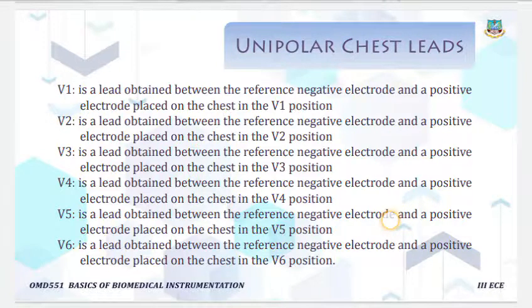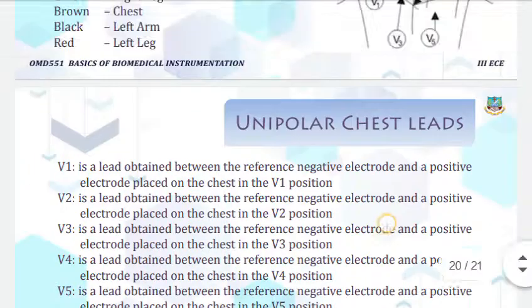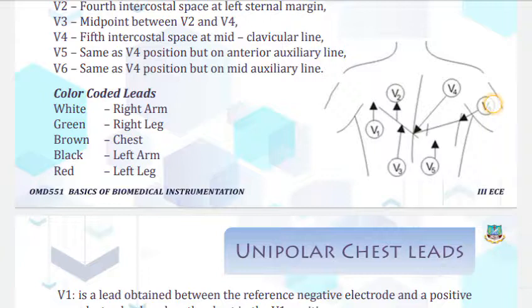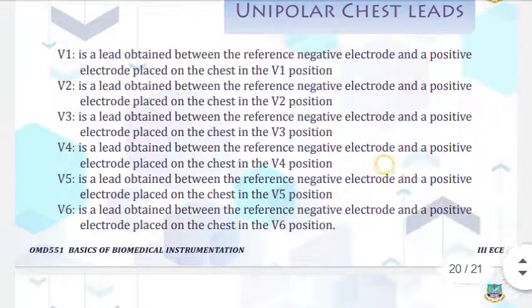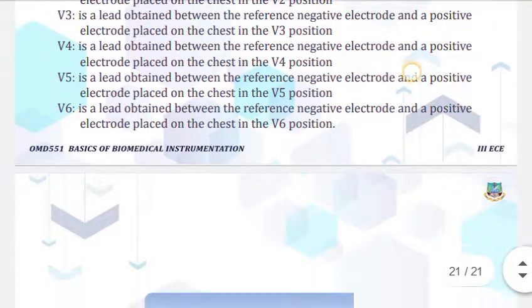V2 is a lead obtained between the reference negative electrode and a positive electrode placed at the V2 position. Similarly, in all there is a reference negative electrode, and for V6, the sixth electrode is placed on the chest at position V6, here. Okay, so these all come under the unipolar chest lead system.